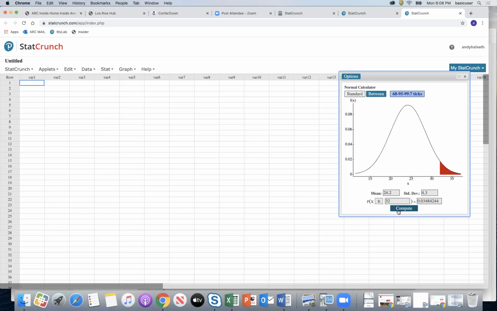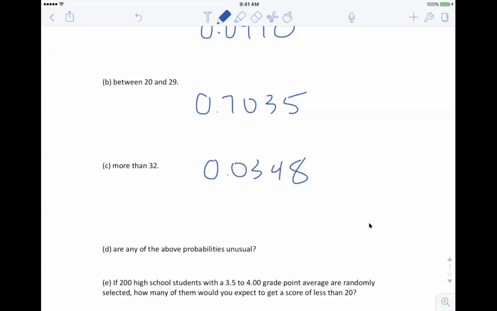Let's head back to the question. So now some additional questions that you might be asked. Are any of the above probabilities unusual?